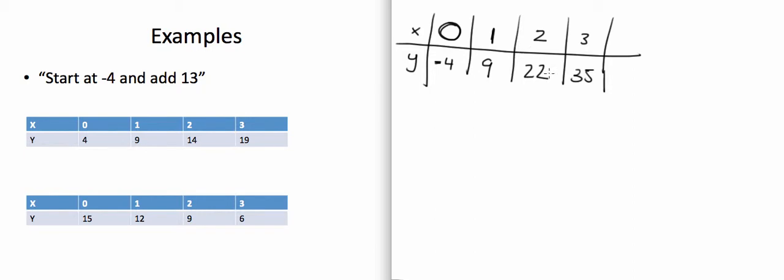With these recursive sequences, they are patterns. If we wanted to, we could fill out this table all the way through, and we could eventually find big values for x and y. So if we say, what's the value for when x is 6, given that our rule is start at -4 and add 13, we continue on with this pattern.